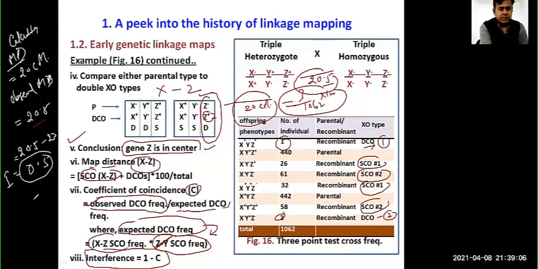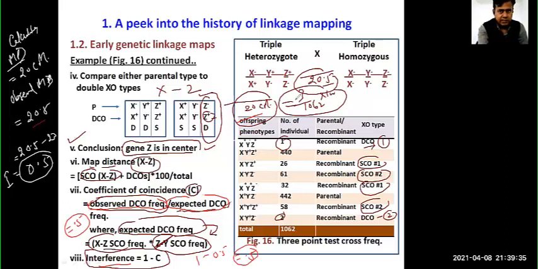Otherwise, if you are calculating from these data, they can directly give you the calculated data, because we are calculating separately now observed DCO frequency and then we are calculating expected DCO, then we are getting 0.5 suppose, right? Then we are calculating the real interference. 1 minus 0.5 is equal to 0.5.